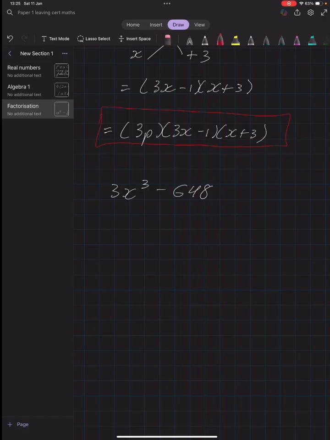Now, the same way that if you have two things and both are squared, you just instantly think difference of two squares, here you think difference of two cubes. So just as a reminder, a cubed minus b cubed is equal to a minus b into a squared plus ab plus b squared. Okay, so that's just to remember that.